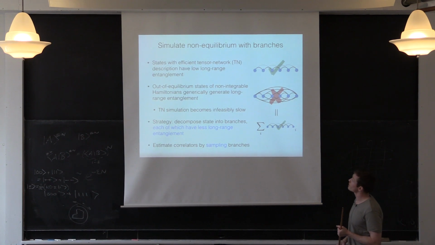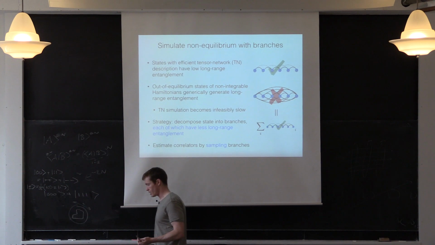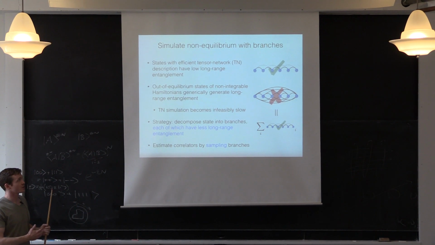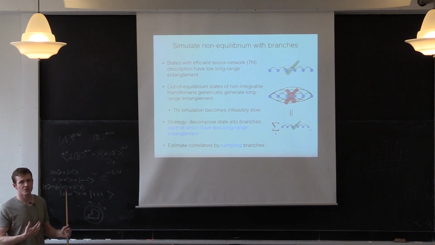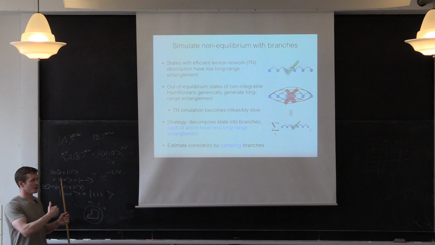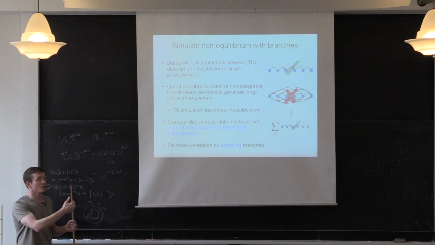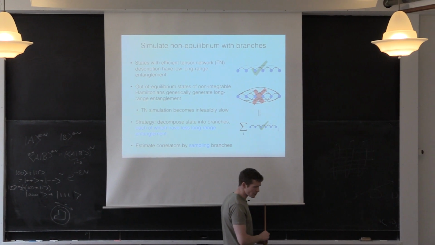Rather, it is the ones that have a low amount of long-range entanglement that tensor network descriptions are useful for. Another way to think about it is that a tensor network description is an expansion in the amount of long-range entanglement, and that expansion truncates quickly, or provides a good approximation when truncated, if you don't have very much long-range entanglement.